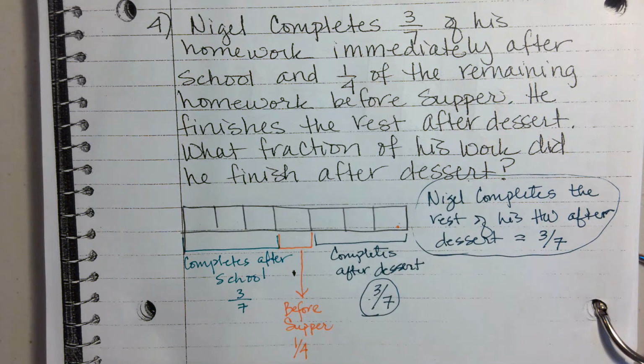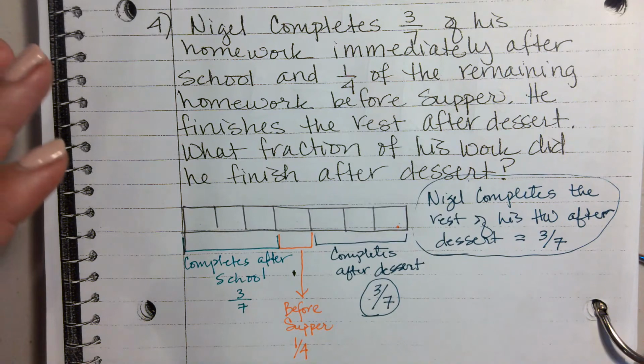So now let's imagine that Nigel spent 70 minutes to complete all of his homework. Where would I place that information in the model? He completes 70 minutes. Nigel spent 70 minutes to complete all of his homework. Like if you put all the times together, it would equal 70 minutes.